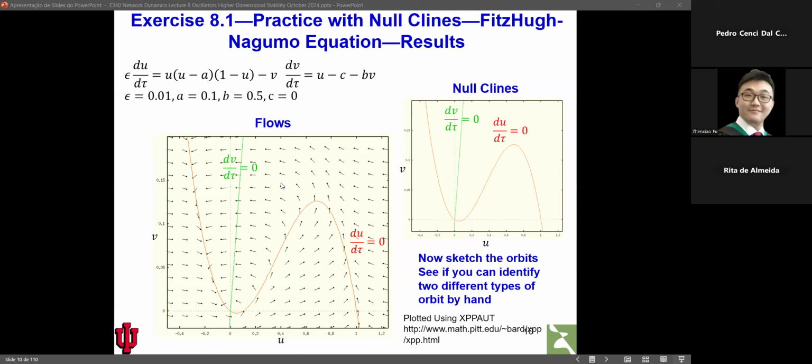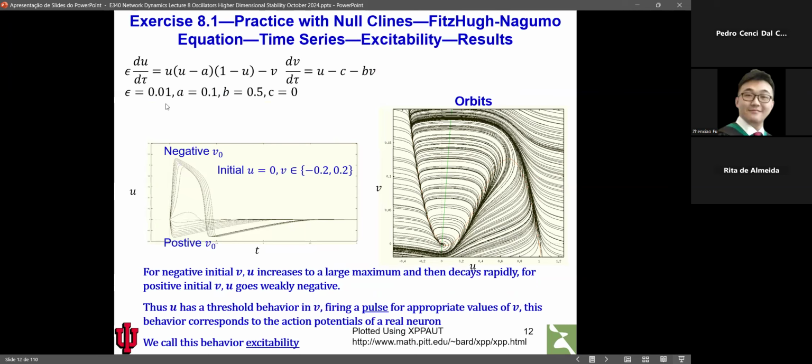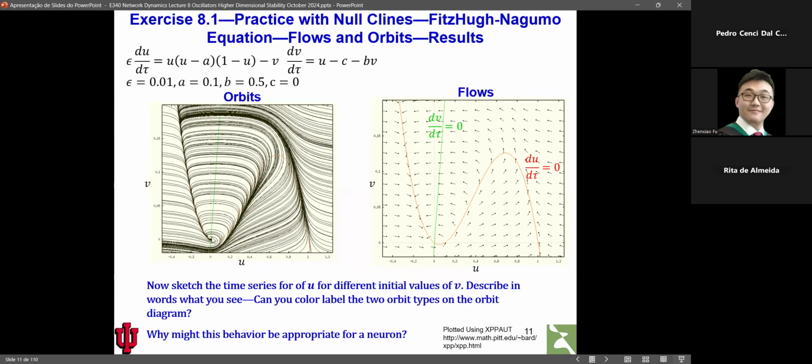And if you sketch the orbits that we have already done, you have this one. You see that if you start from any place here, you are going here, and then it goes up or down, but it ends up finishing in the fixed point. So everything is going to do this, and then you have only one stable point.